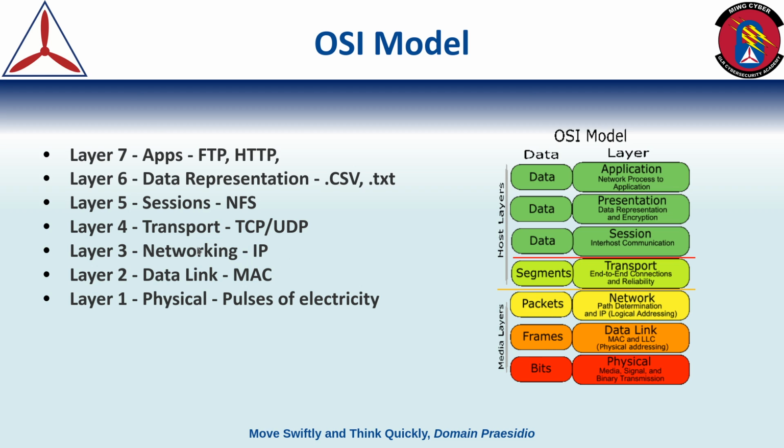And moving up to layer 3, this is probably the layer that encounters the most issues. Do I have an IP? Is that IP on the correct subnet, which you'll learn about probably quite a bit later? Does that IP have a route to the website?